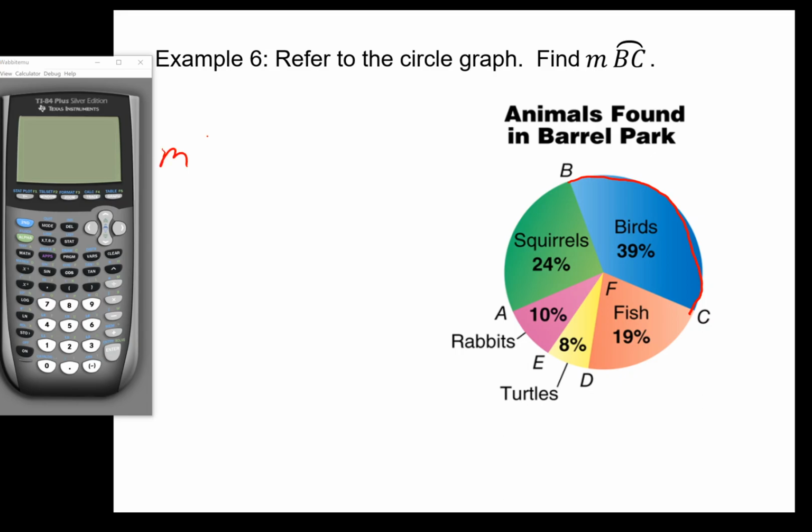So we know that the measure of arc BC is going to equal 0.39 times the total number, which is 360 degrees. So 0.39 times 360 is going to be 140.4 degrees.